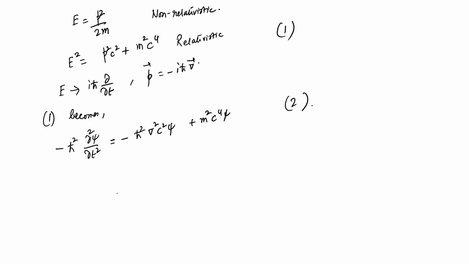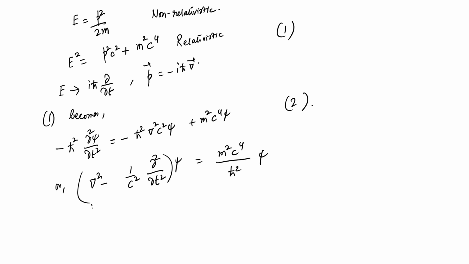So, this is precisely the Klein-Gordon equation. If you write it a little more neatly, one can write this as del square minus 1 by c square d2/dt2 acting on psi, equal to m square c4 divided by h cross square psi. And this operator is often called the D'Alembert operator.